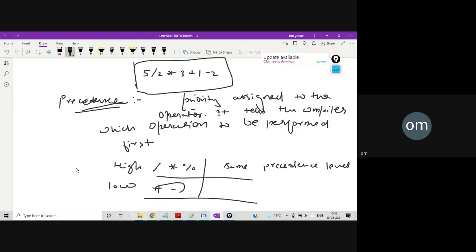So always remember, whenever operators of the same precedence level appear in an expression, we will go by the associativity. So we have to see the associativity of that particular operator. That means whether to perform from left to right or right to left.